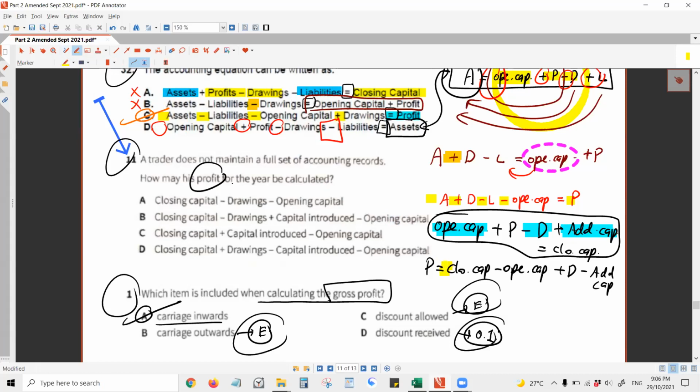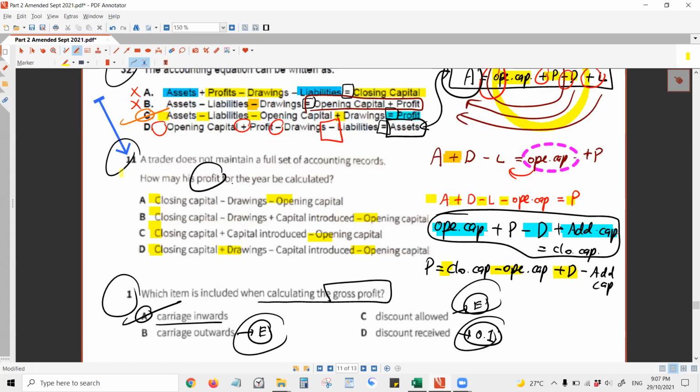Positive closing capital. Okay, A, B, C, and D all are correct. Positive closing capital. Minus opening capital. Okay, I see this, see this, see this. All of them have minus opening capital, no problem. Plus drawing. I only see it here.